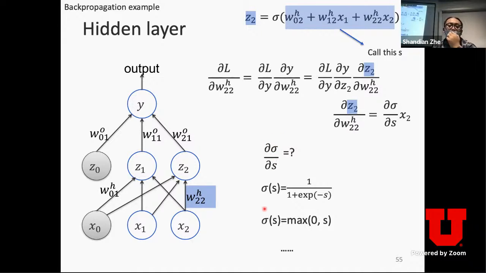For a continuous activation function, of course, we can take the partial derivative directly. But what if I choose this? This is called ReLU. How do you compute the partial derivative with respect to S?